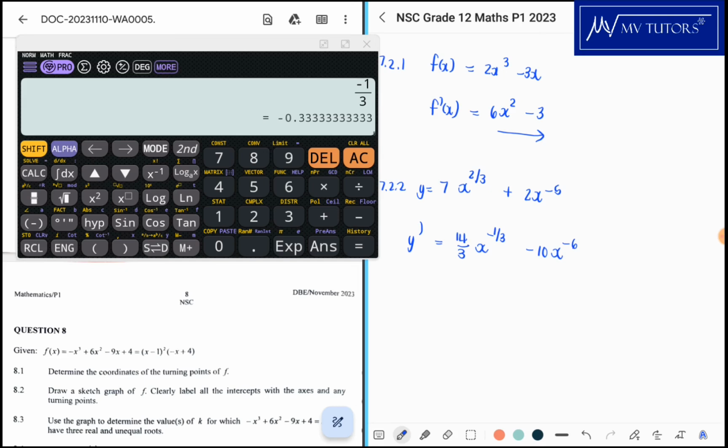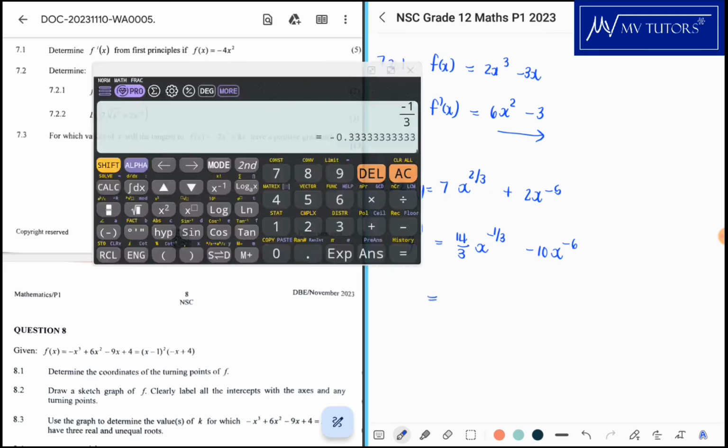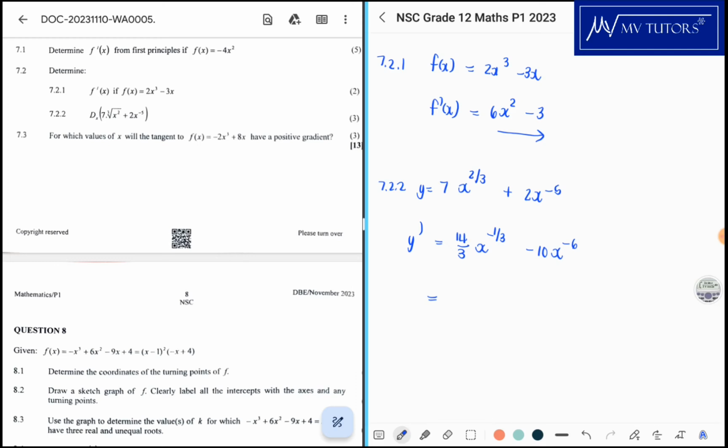Or if you want to take it back to the root form, you can do that.